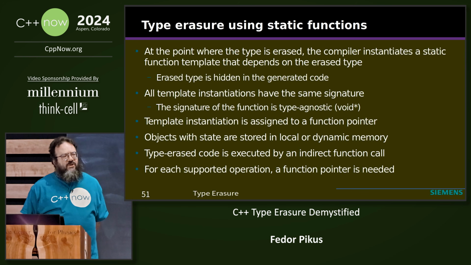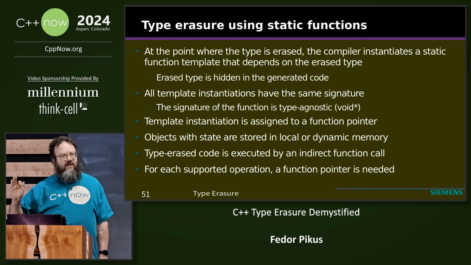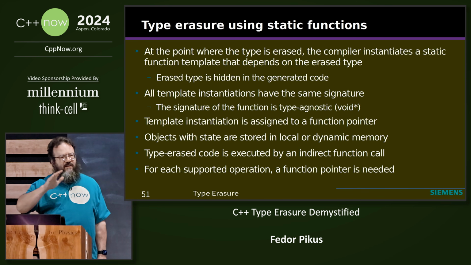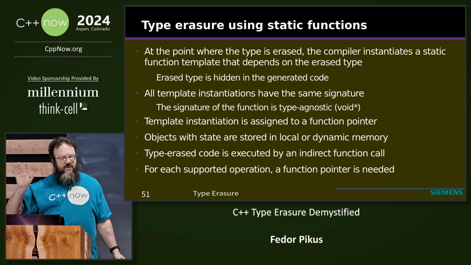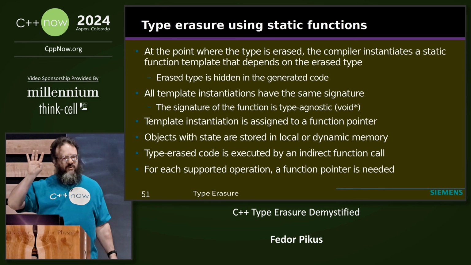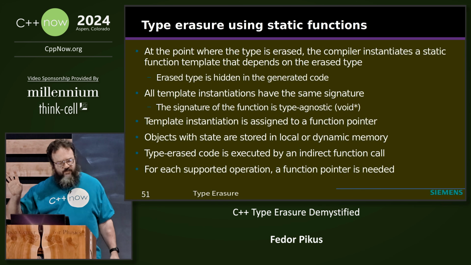The body of the static function and the code that is generated from it knows what the erased type was. But the signature doesn't. Because the signature is type agnostic, we can invoke that function through a function pointer that is a data member of the overall class, and as such, it cannot possibly depend on the deleter, because remember, deleter isn't a template parameter to the smart pointer class, only to the constructor.